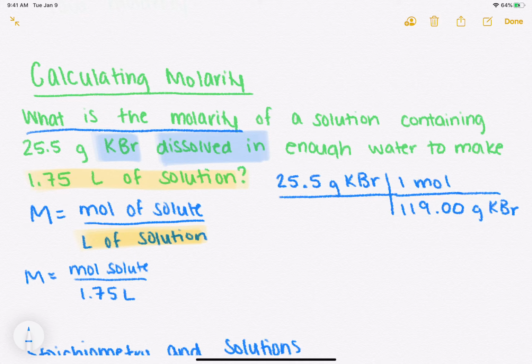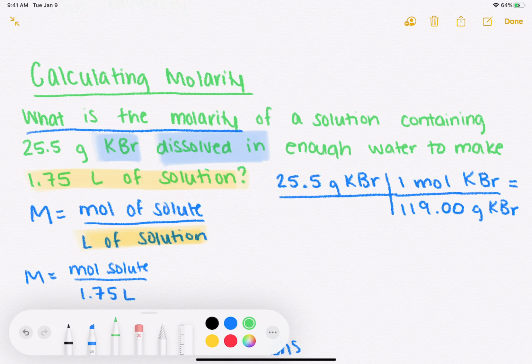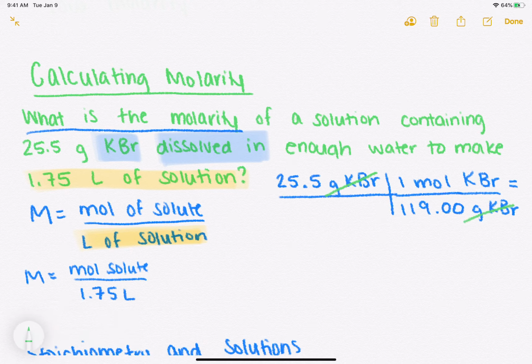And that is the mass of 1 mole of KBr. We know that grams cancels with grams, and we're left with moles of KBr. And our answer, when you plug this directly into your calculator, is going to be 0.21429 moles of KBr.